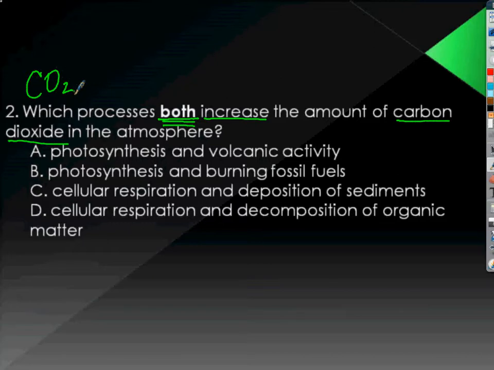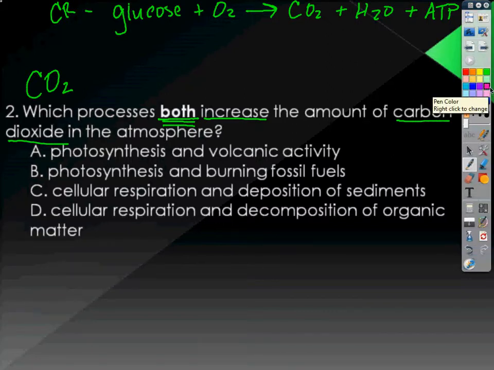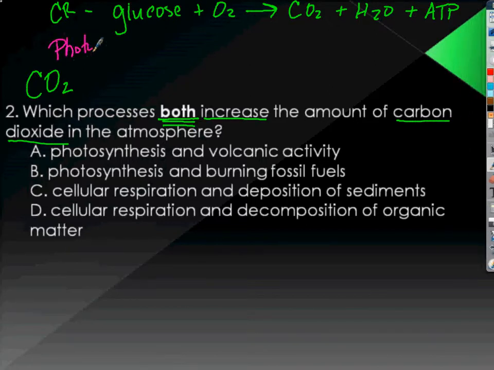Well, see, photosynthesis is in A and B, and cellular respiration is in D and C. If we remember those equations, glucose plus oxygen yields carbon dioxide, water, and ATP. Okay, that's cellular respiration. Photosynthesis is very similar. It's the flip of this.